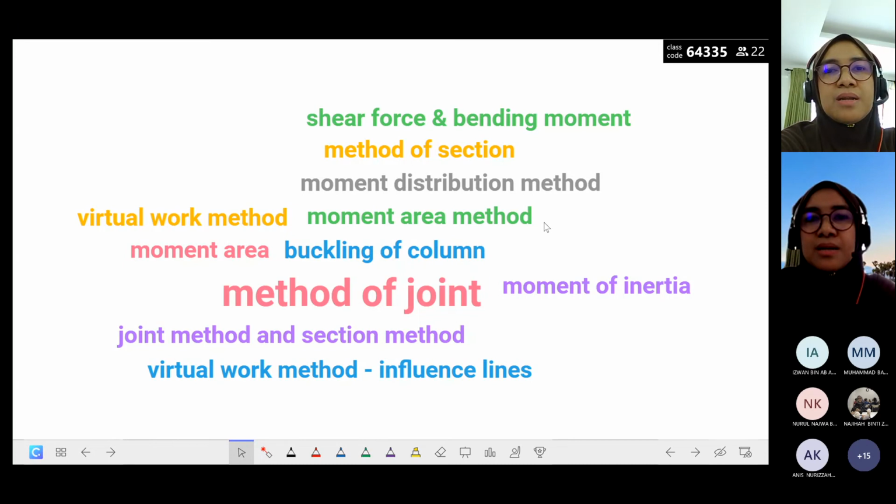Method of section and method of joint are methods to analyze the member forces in the truss. Under the flexibility method, when we analyze truss later on, we will need to do method of joint again. Actually, we just need one of the two methods to identify the member forces for the truss.